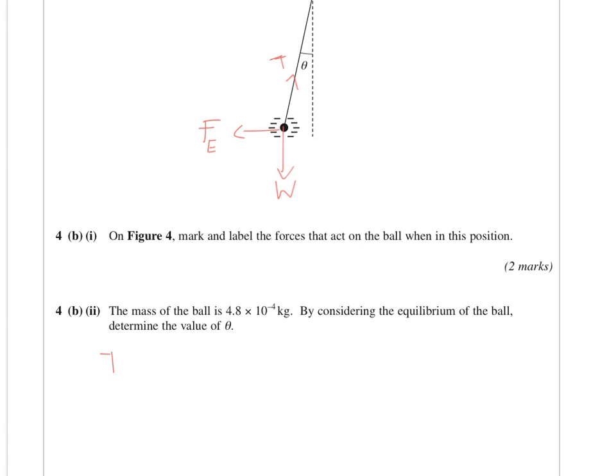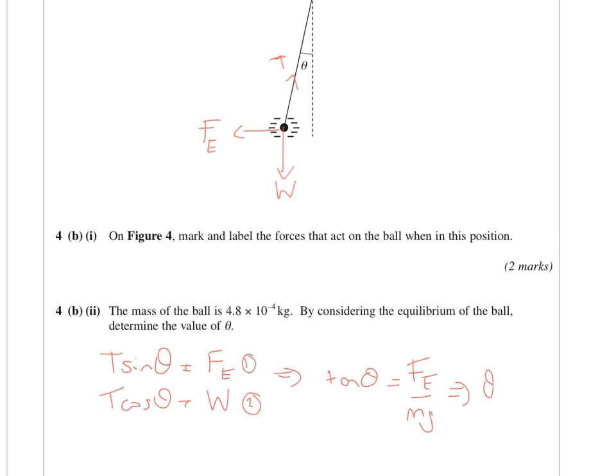So you know that T sine theta is equal to the electrostatic force there, and we also knew that T cosine theta is equal to W. So by dividing the first equation by the second equation, the T's cancel to give us tan theta is Fe over mg. So let's put in the values for that.